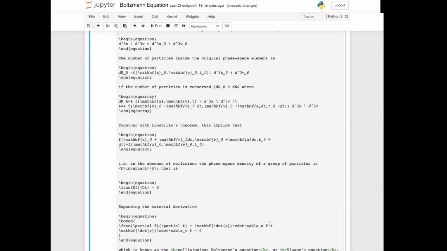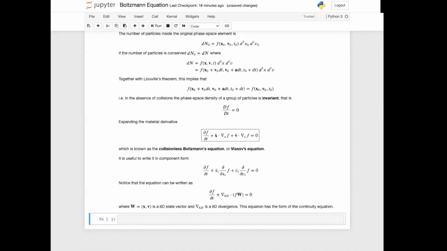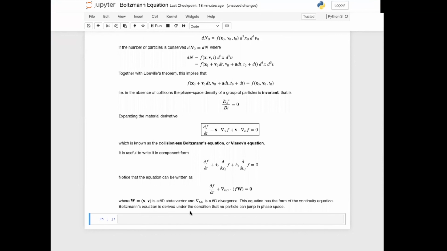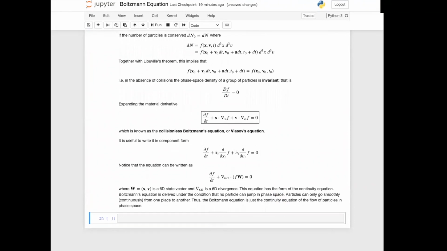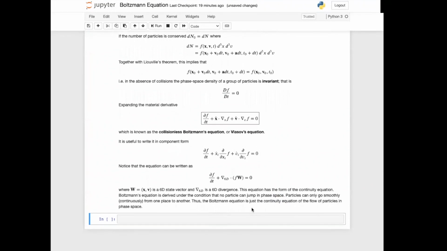And this equation has the form of the continuity equation. From that, we understand what the Boltzmann equation is saying. The Boltzmann equation is derived under the condition that no particle can jump in phase space. Particles can only go smoothly, that means continuously, from one place to another. Thus, the Boltzmann equation is simply the continuity equation of the flow of particles in phase space.